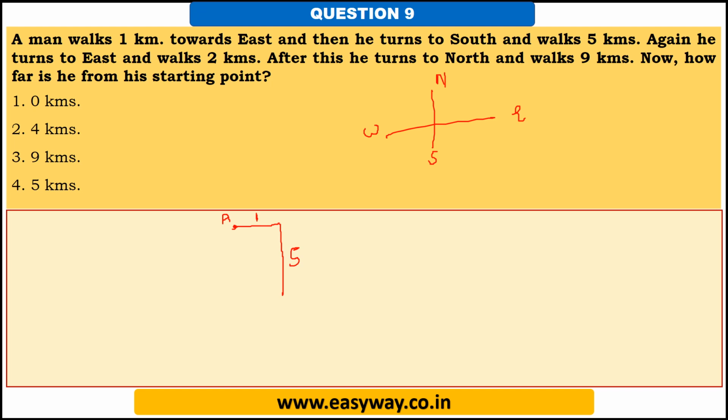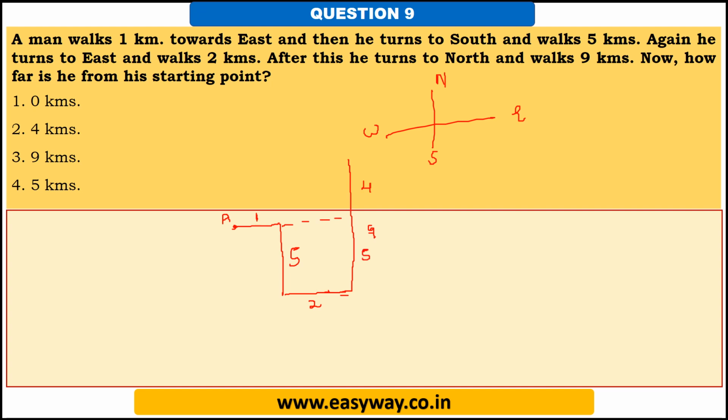So he is traveling 2 kilometers. So this 2 should be little bigger than this one. Now next he is turning to north and traveling 9 kilometers. So this is 9 kilometers. So this 9 kilometer means that this part will be 5 kilometers and this part will be 4 kilometers.